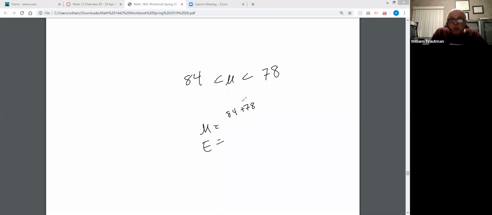Wait, by the way, I have this in the wrong spot. The low number is supposed to be on the left, 78 and 84. The low number has to be on the left side. So when you add those two up and divide by 2, somebody already said the answer was 81. So that's the mean.